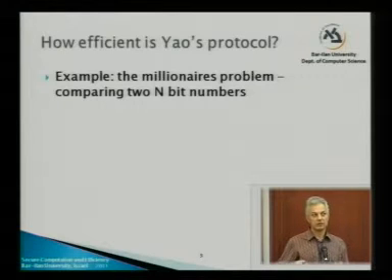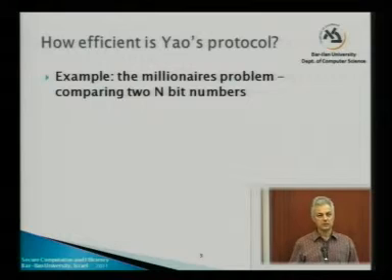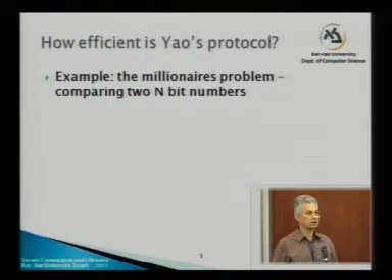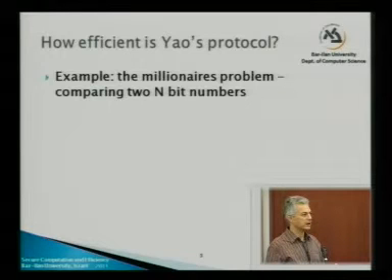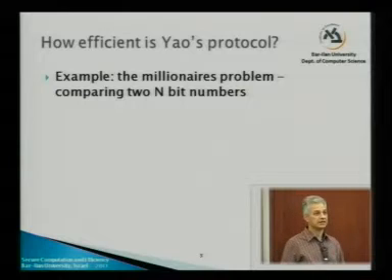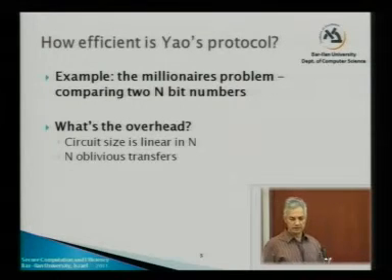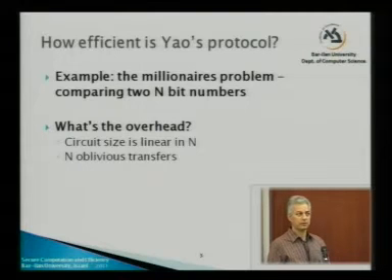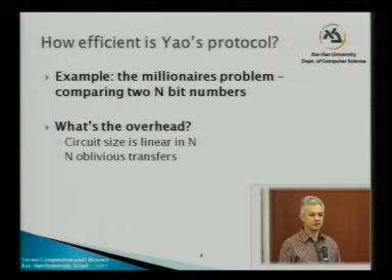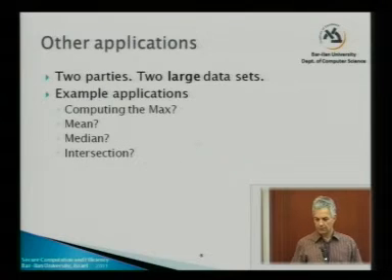So they should compare two 37-bit numbers. How big should the circuit be? It's not very large. The comparison can be linear in the length of the number, something like 37 gates. That's very nice. Also, you need an oblivious transfer for every input bit, so you need 37 oblivious transfers. That's not bad at all.